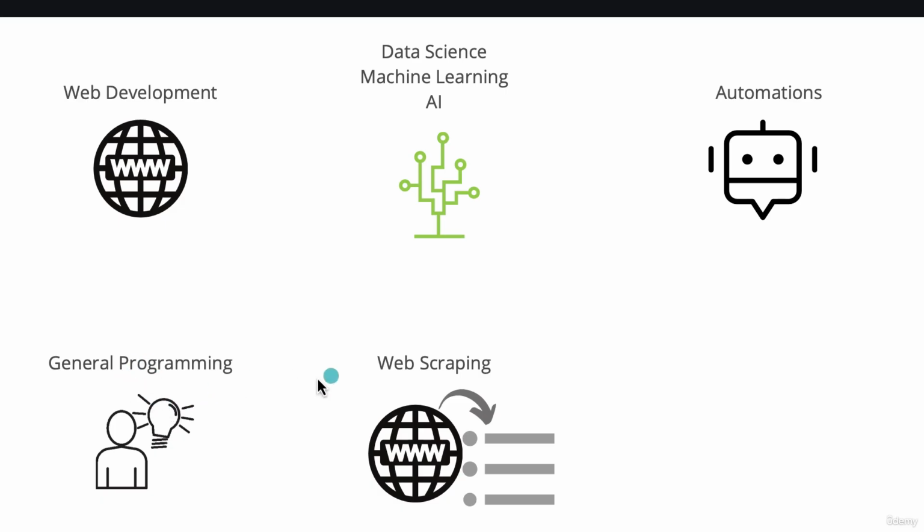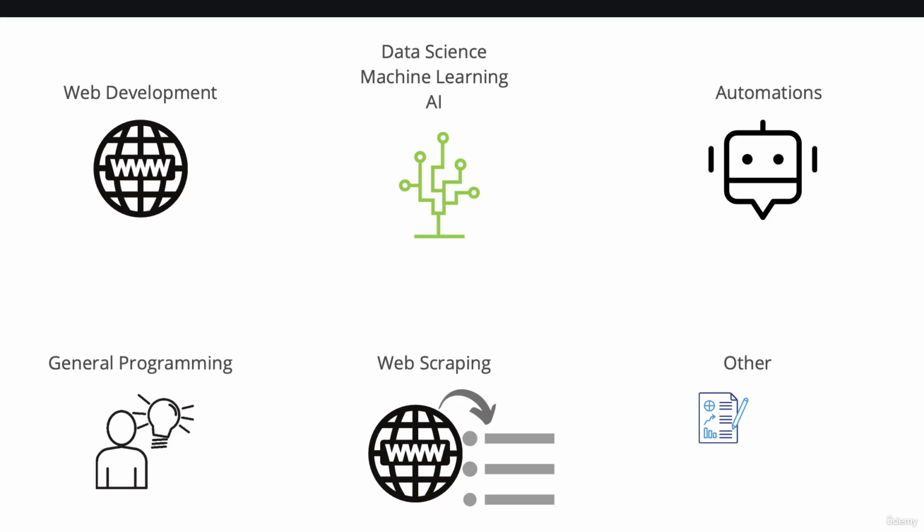So again, the boundary between general programming and automation and web scraping is a bit blurred, so web development and data science, machine learning and AI are more specific career paths, so to say.